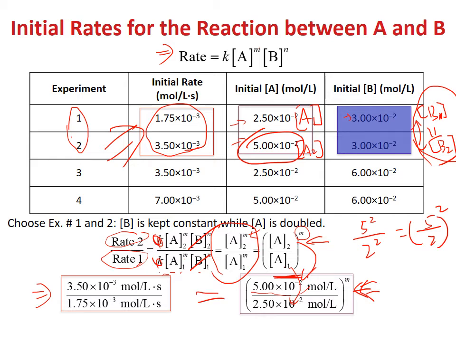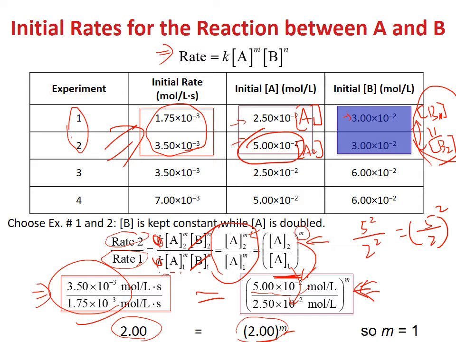Now if you calculate, the left side is just 2. And the right side is 2 to the mth power. So that's the experiment, and that's the theory. For these two to be the same, m has to be 1. So by comparing experiments 1 and 2, we found m, the power of A. What we did is keep B constant.